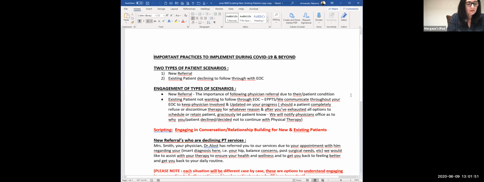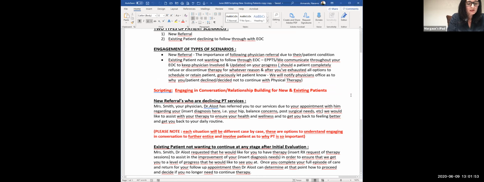In the engagement of the scenarios, the importance of following up for a new referral is to impart to them the importance of why they're coming in, why the physician has referred them to us, based on their condition. So this is just scripting guidelines. I know everybody's articulation is different, but you all can read this and see how to express to this patient the importance of coming in for PT.